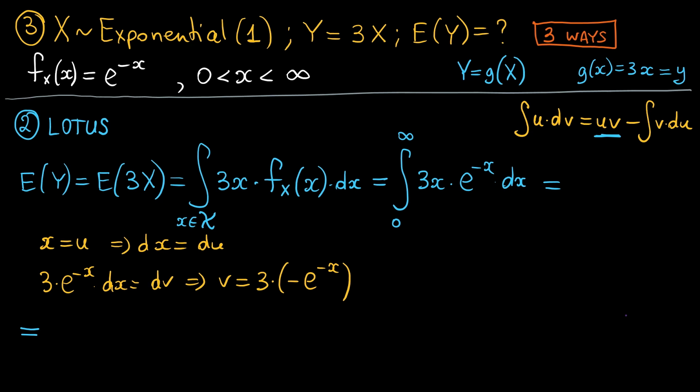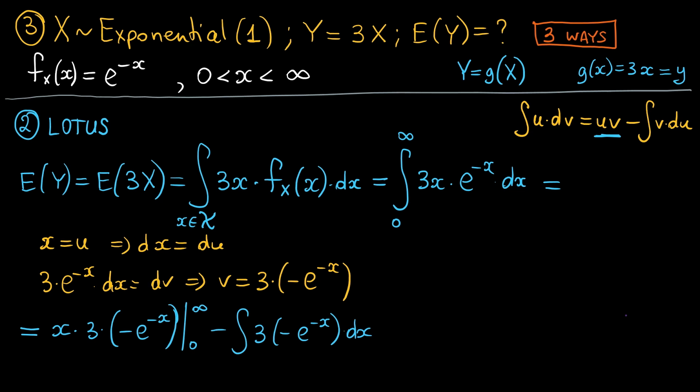So what is uv? uv will be given by x times 3 times minus e to the power minus x, and this is evaluated from 0 to infinity, minus integral 3 times minus e to the power minus x, and du is just dx, and this integral goes from 0 to infinity.